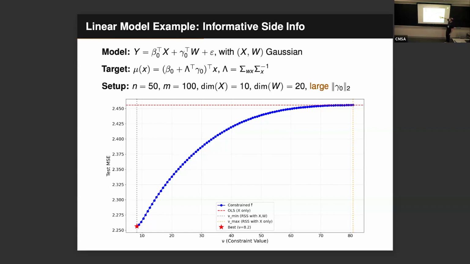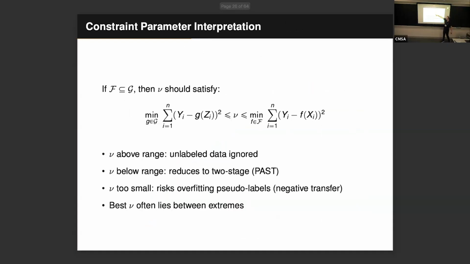And what's being plotted here is, so the y-axis is the test MSE, and then on the x-axis is this constraint value. So this is the calibration constraint value for those pseudo-labels. Okay, and then the red bar up here is the baseline that I would get if I only use the X information. So this is the baseline that we're comparing things to. And as I said, if nu is very large, basically at the upper end of things, then it's almost as if I'm completely ignoring the unlabeled data.